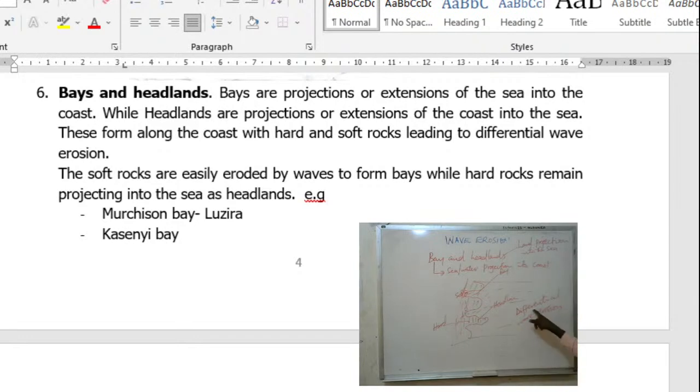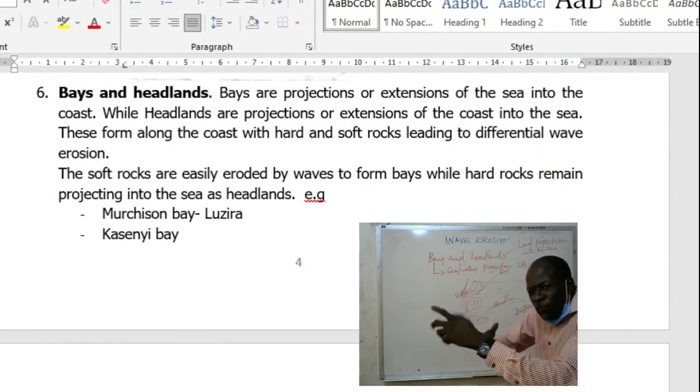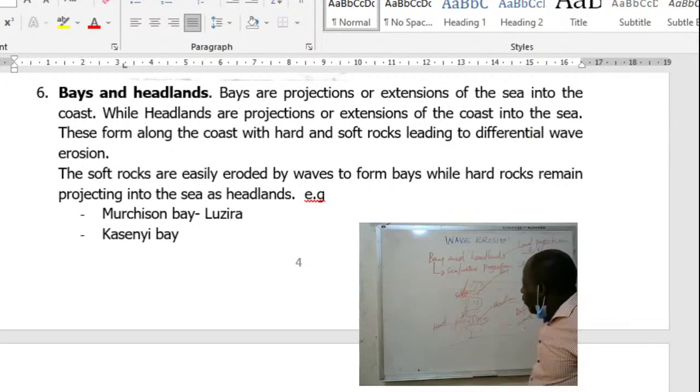Again, that's what we term differential wave erosion along the coast, implying that the soft rocks are easily eroded, and therefore sections that have soft rocks extend fast into the land, while the other sections with hard rocks remain projected, because they are less eroded. They are eroded at a slow rate, so they remain extending or appearing to extend into the water, the sea or lake.